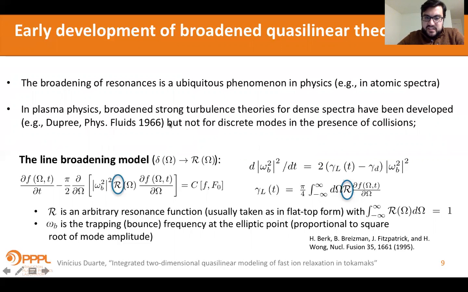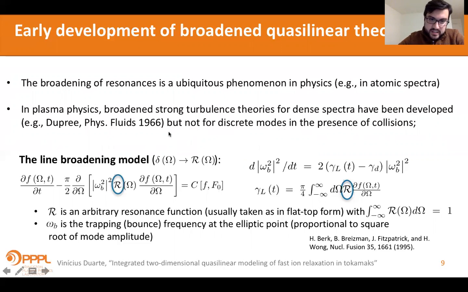In plasma physics, the broadening has been considered in the so-called strong turbulence theories, but this is very different from what we look at for Alfvénic waves. So for strong turbulence theory, you have basically a very dense spectrum of resonances overlapping from the outset in a collisionless plasma, but they're not applicable for discrete modes in the presence of collisions.